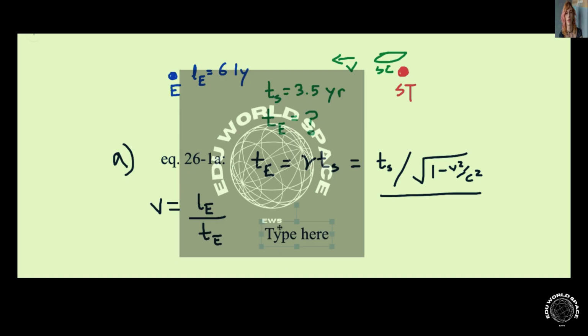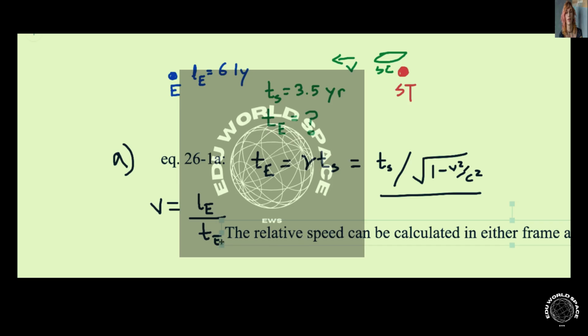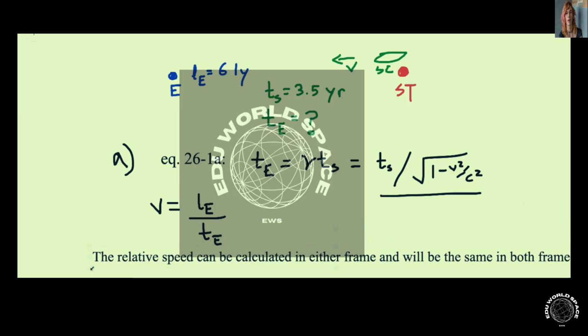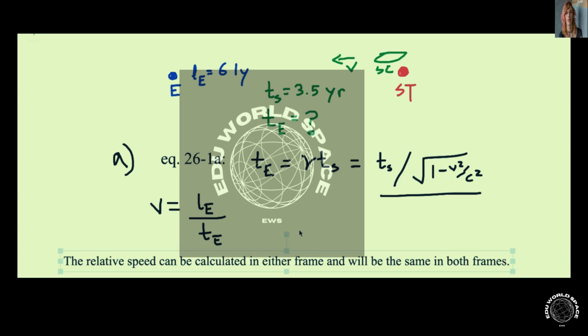Now, it is super important to note here one key fact about this problem, and indeed about all of special relativity, which is that the relative speed can be calculated in either reference frame and will be the same in both frames. So this v over here will be the same whether you're in the Earth's reference frame or in the spacecraft's reference frame. Okay?